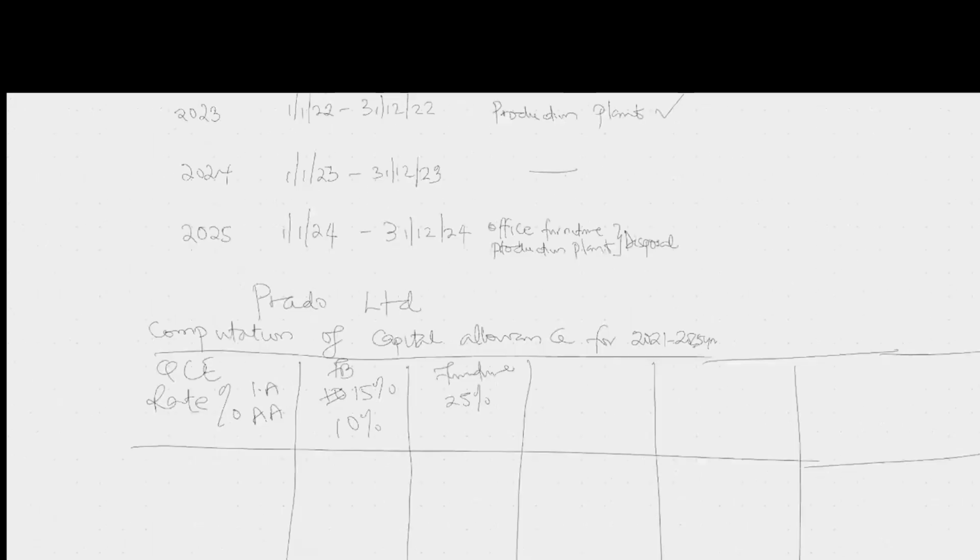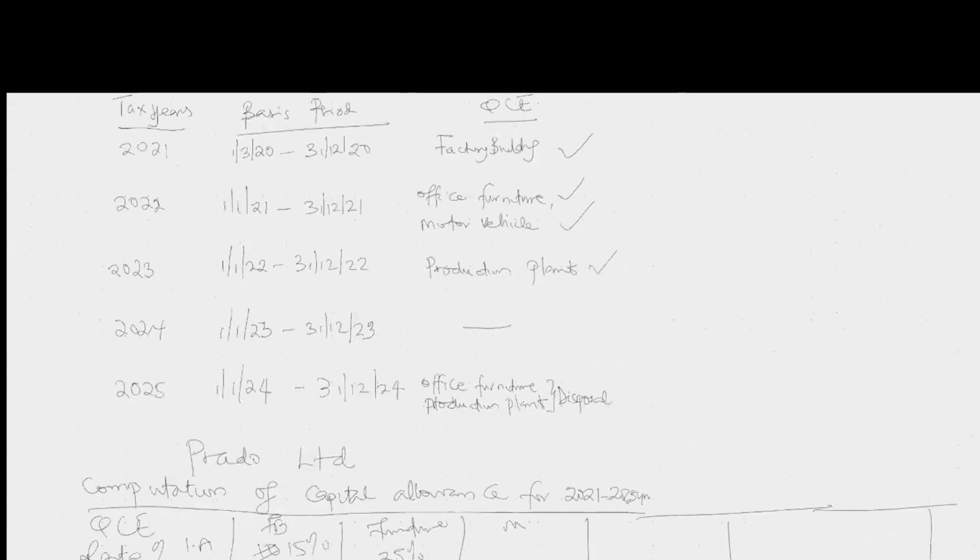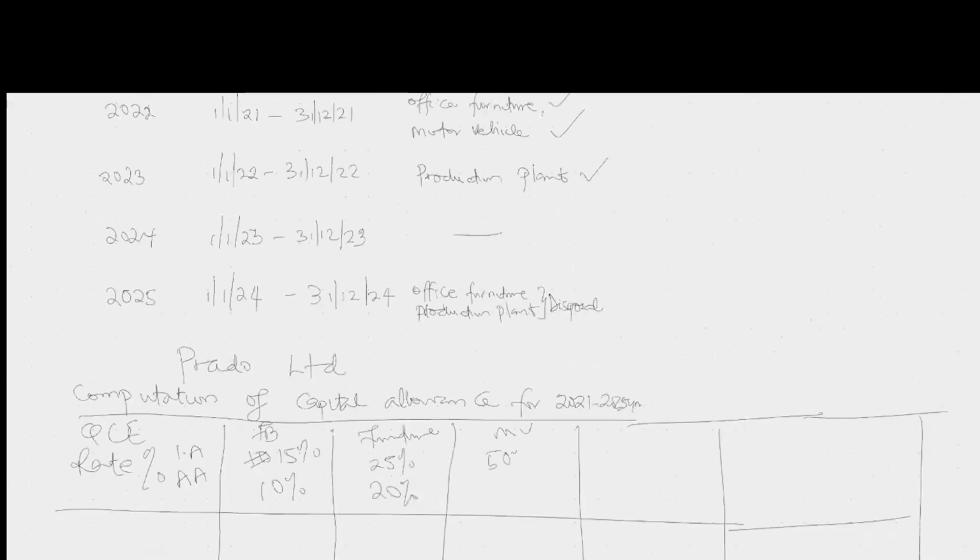The next one, motor vehicle, 50% and 25%. The next asset, production plants, 50% and 25%. And this will be capital allowance. So, year 1, 2020.